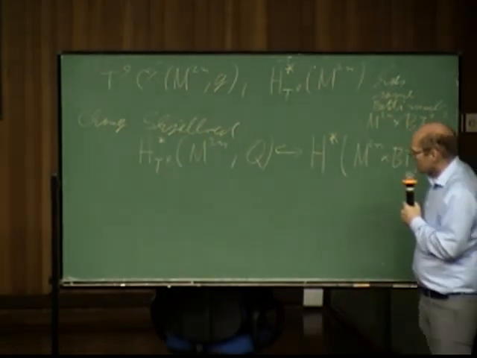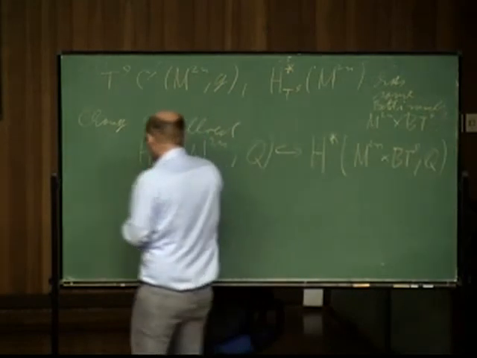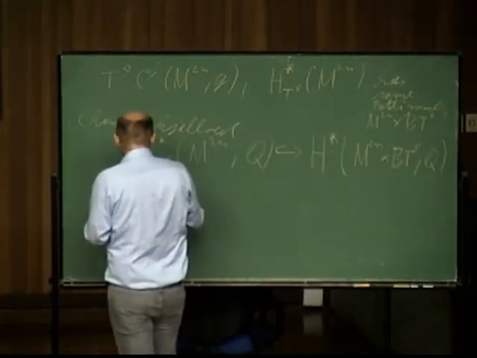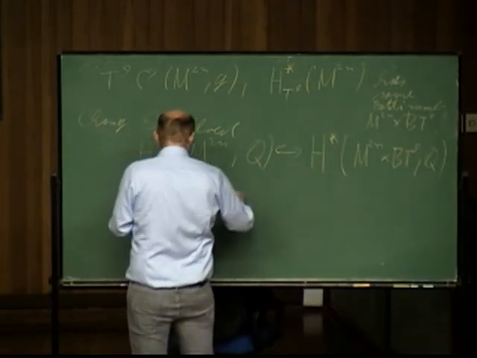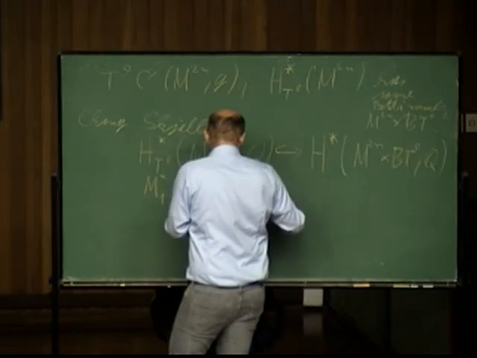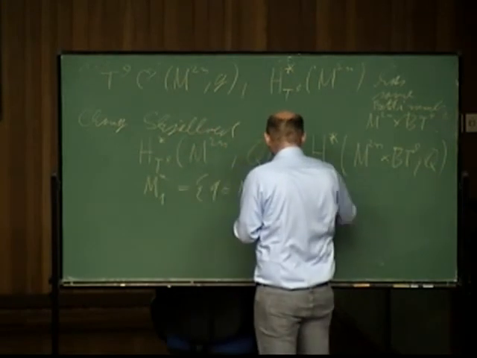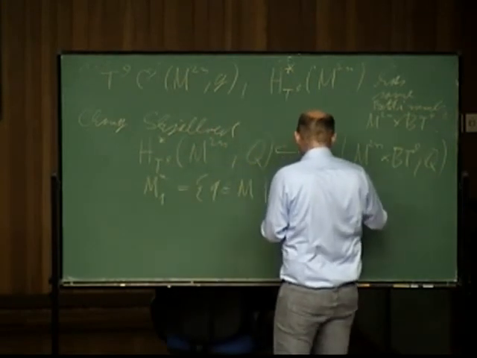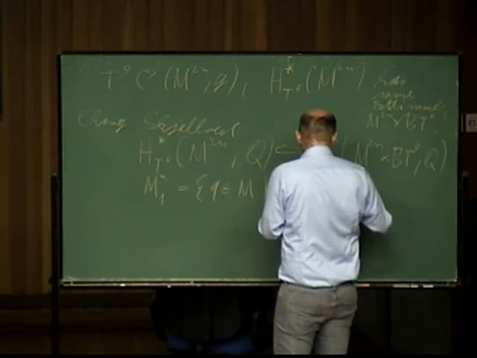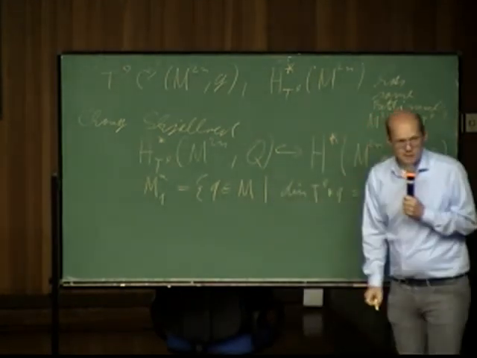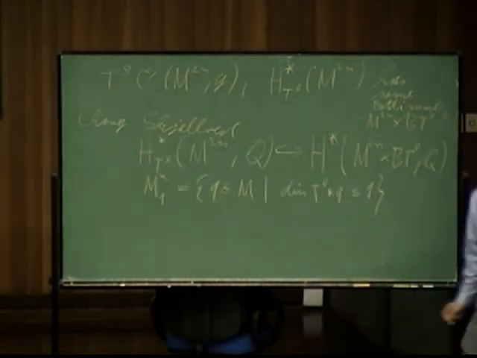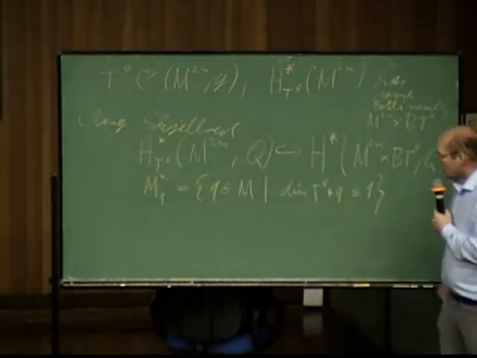And the image you can compute with the one skeleton. So we define the one skeleton as the set of all points in the manifold such that the dimension of the orbit is at most 1. So the isotropy group is 8-dimensional, or it's a fixed point, right?